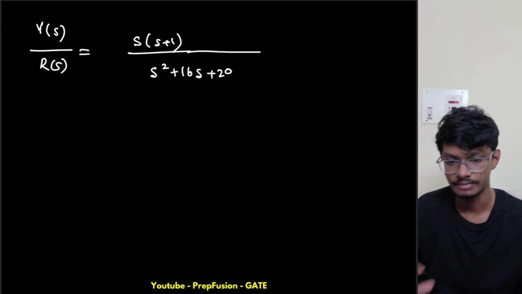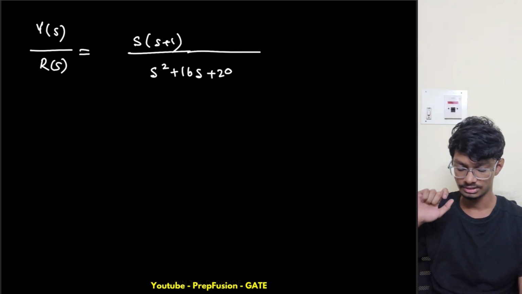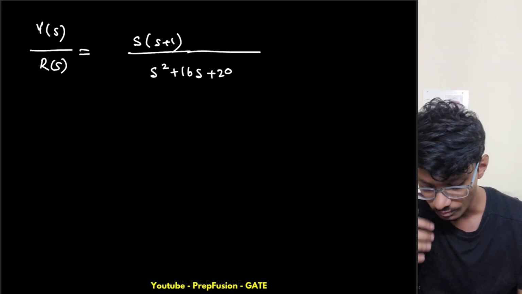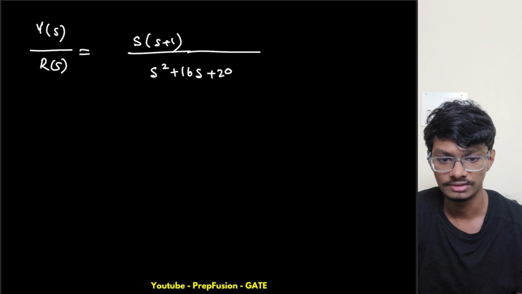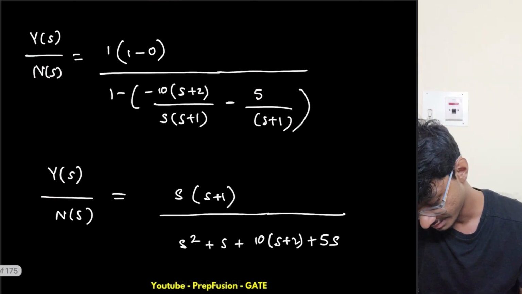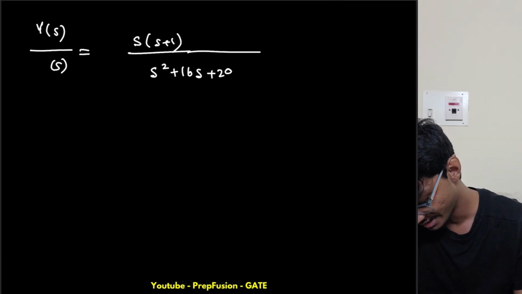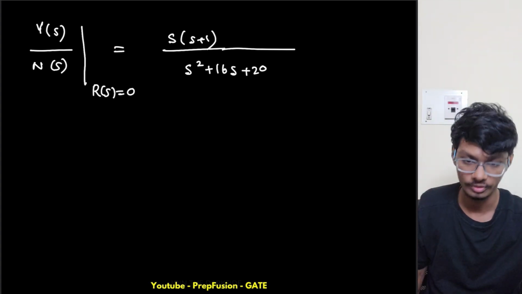So delta will be the same because the SFG is the same, the loops are the same, but the difference is just in the numerator part. The isolated loop and the forward pathway are different. Sorry, again I wrote r, this is just a bad habit. This is n only. This is r of s equals 0 when the input is 0, when you have noise present, right?